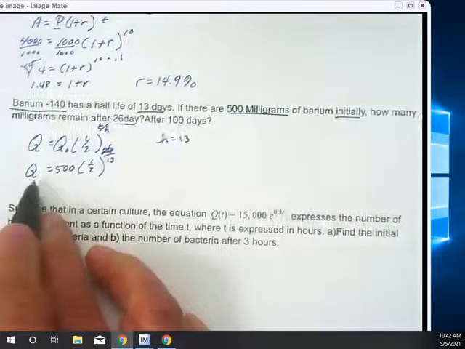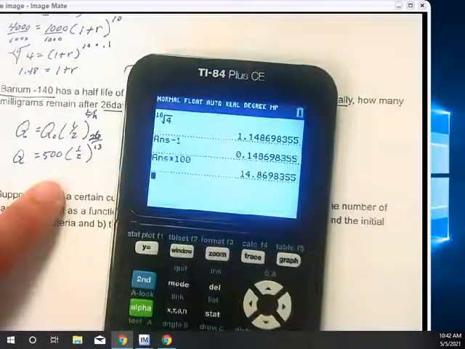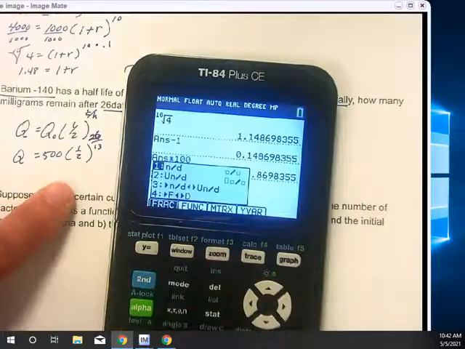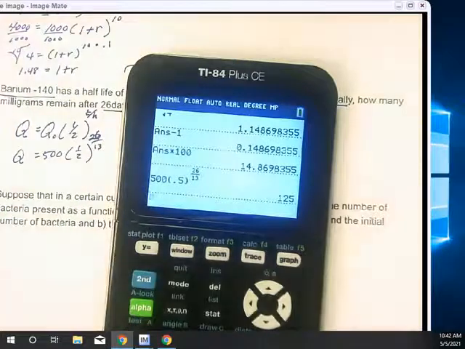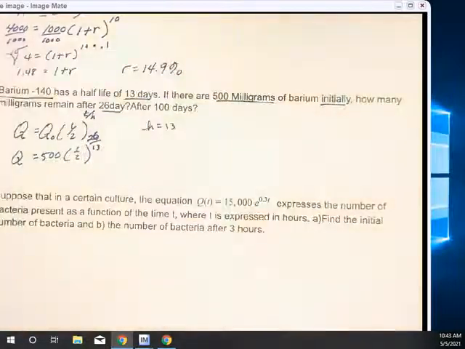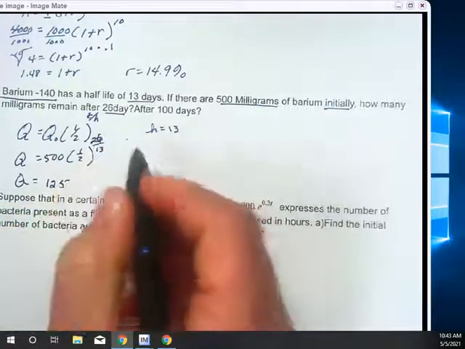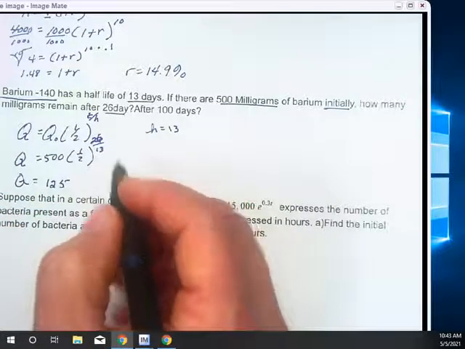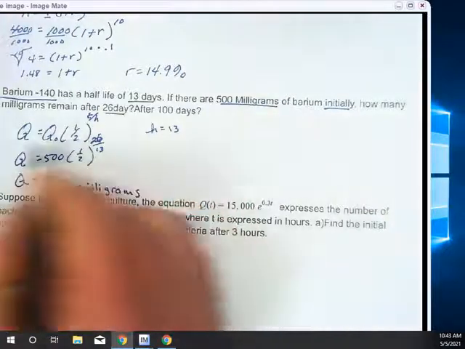And I'm going to solve for the variable Q. And what I would do if I were you all, I would just type that all in at the same time, so you do not have to worry about the PEMDAS, the rules in order. Now I have 125. What? 125 what? What's my units? Milligrams.